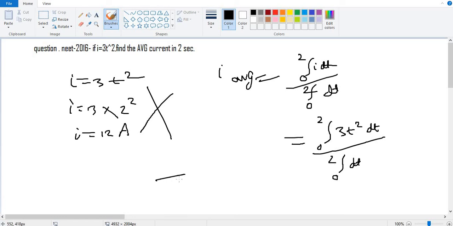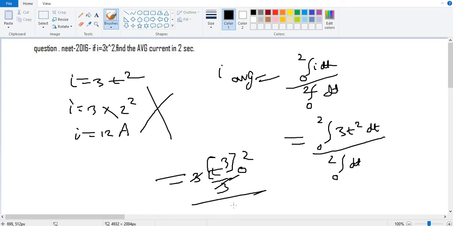Now we have to do the integration. 3 is a constant. The integration of t squared is t cube by 3, so the 3 will get cancelled, and t cube is a definite integral, so I put the value from 0 to 2.